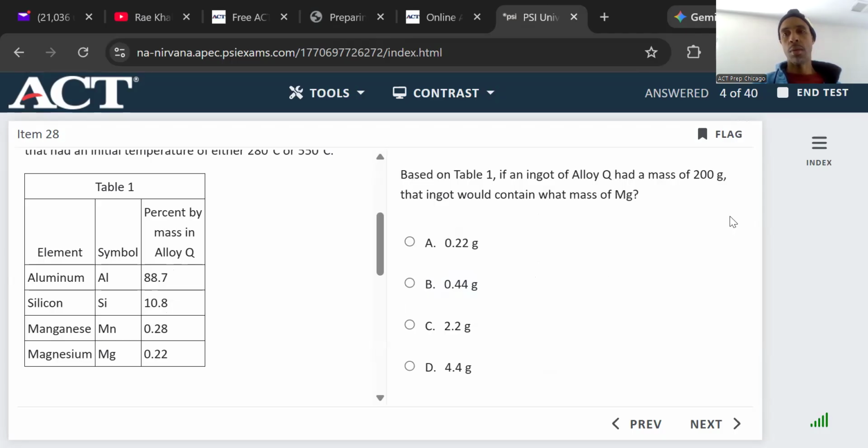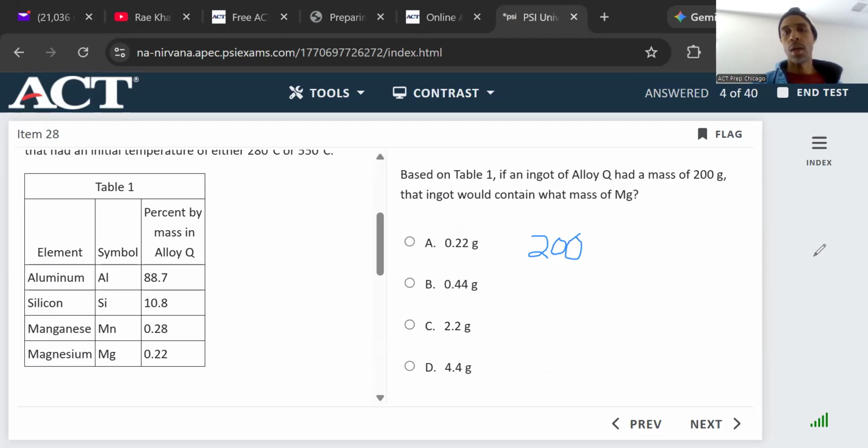So if we think about it from that perspective again, we have 200 grams. If an ingot of alloy Q had a mass of 200 grams, let's say we want to do 1% of that.